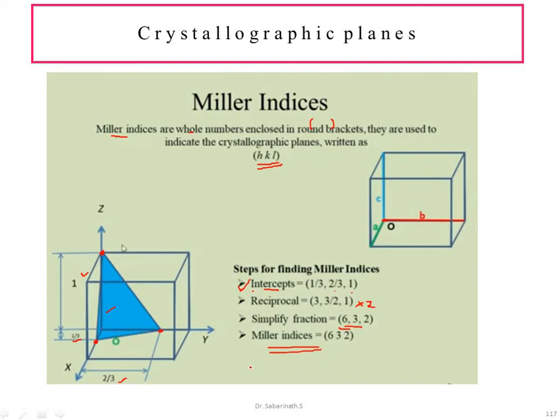Once again I remind you that this Miller indices representation is just for the cubic unit cell. If it is some other kind of unit cell like the hexagonal unit cell, it will be entirely different. For your syllabus, simple cubic unit cells are of much importance.